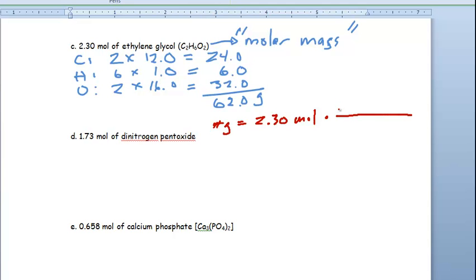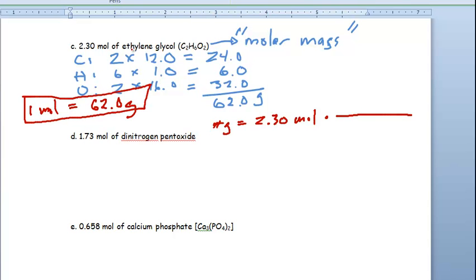We're going to make a conversion factor here, and you know what? Maybe let's just, on this first one for sure, write down the equivalents that we're using to derive our conversion factor. So 1 mole of ethylene glycol equals 62.0 grams.